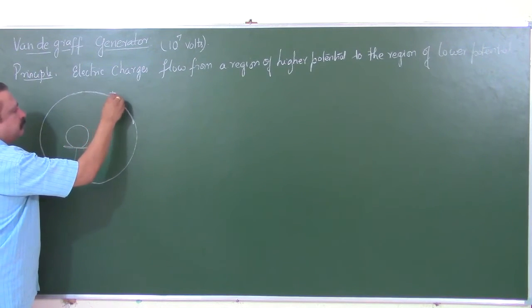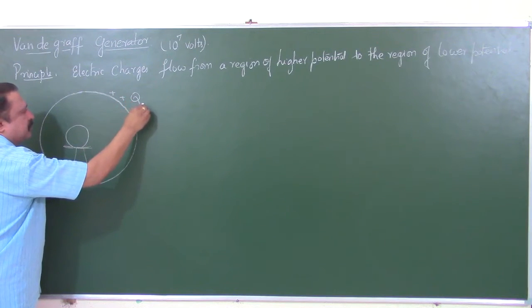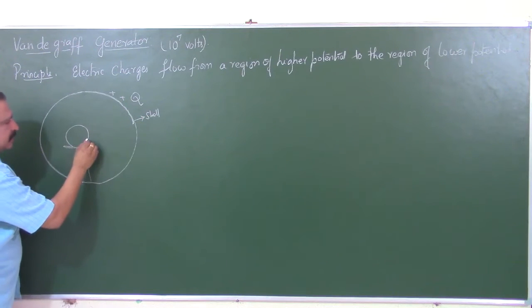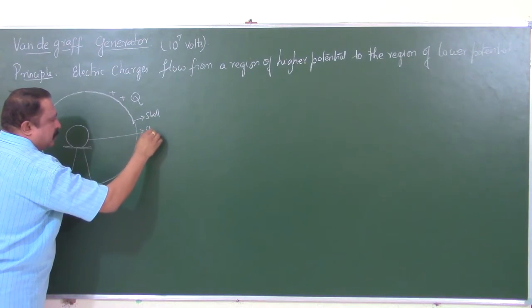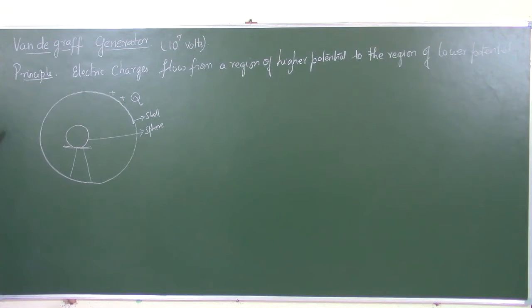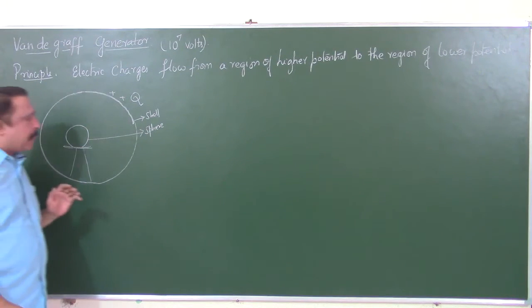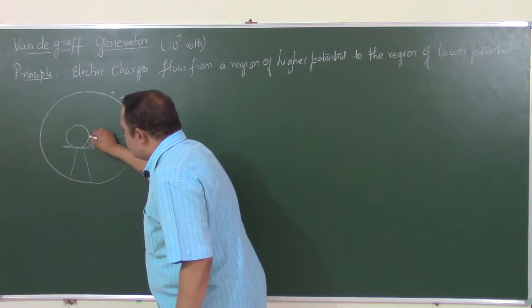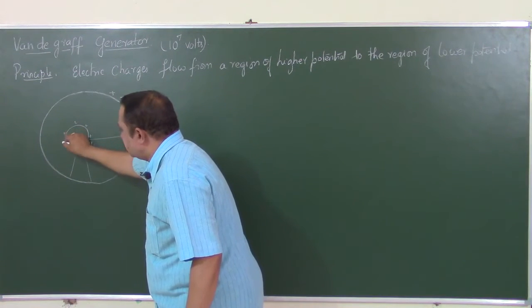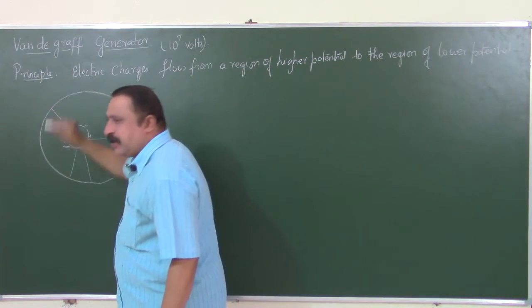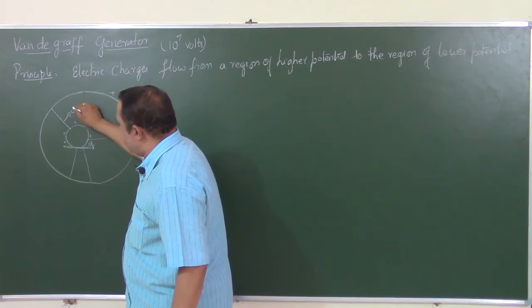Let plus Q be the charge on the shell. This is called shell and this is the sphere, conducting sphere or conductor. Let small q be the charge on this sphere. If this sphere is connected to the shell with the help of a wire, this is a wire.